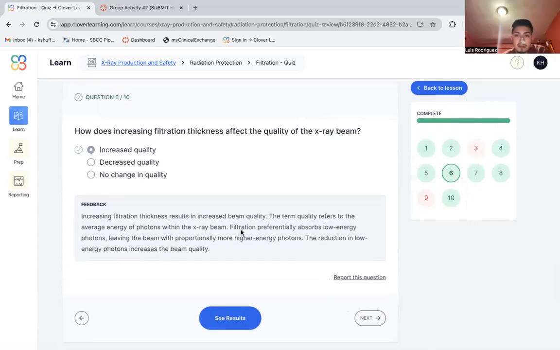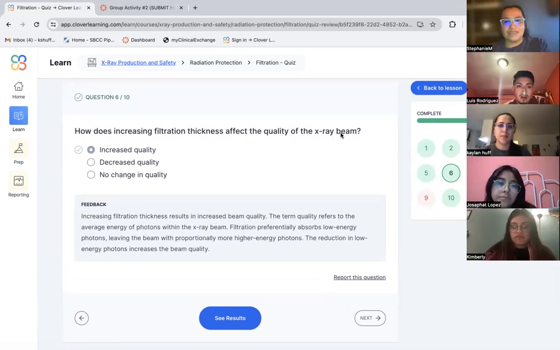How does increasing filtration thickness affect the quality of the X-ray beam? So this is another relationship. Does anyone want to comment on this one? I think it's the one that Kimberly was talking about.